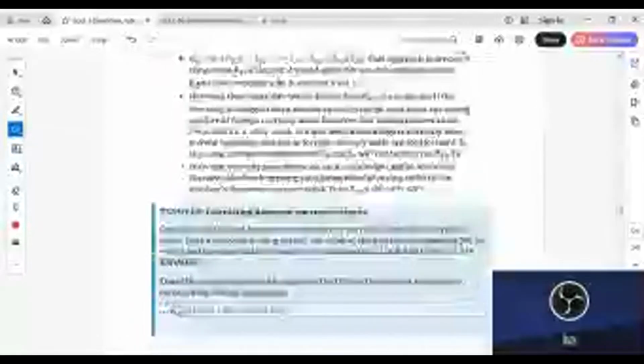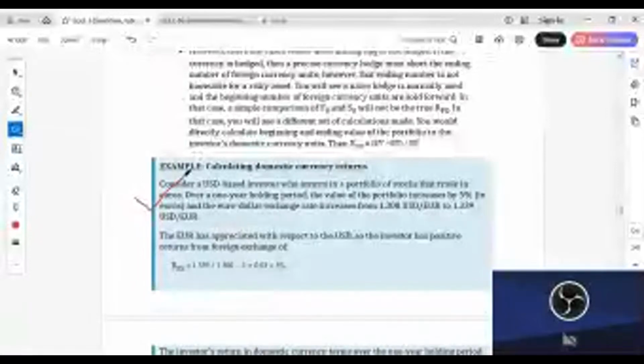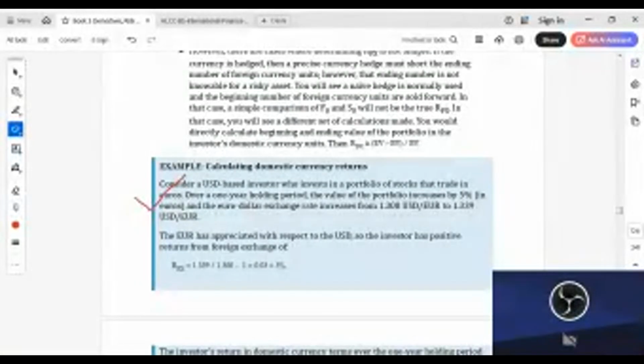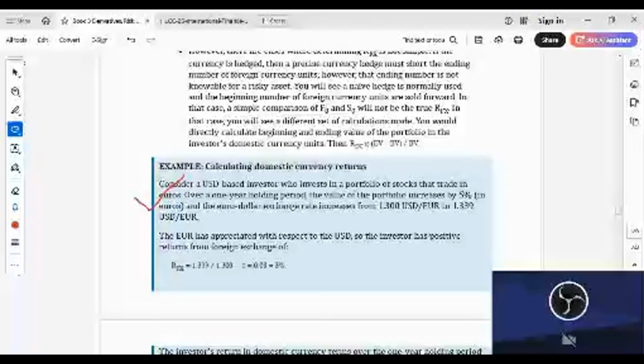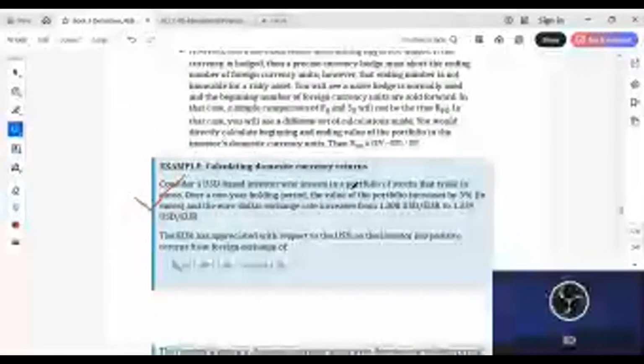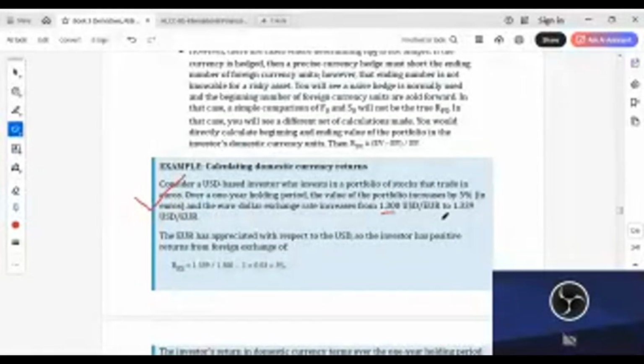So try this example. So euro goes from 1.3 to 1.339.